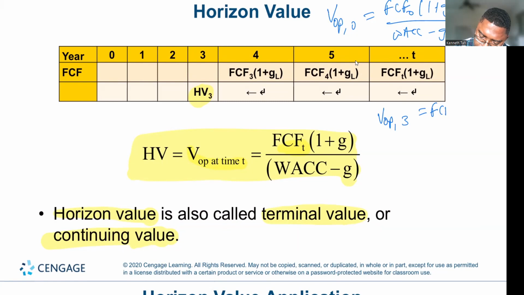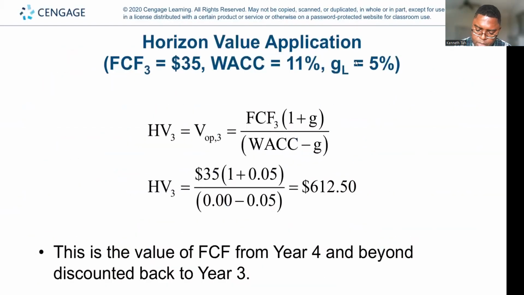Notice when we had 0 here, we had 0 here. So if this now is 3, this is going to be 3, 1 plus g over WACC minus g. This gives us the value of operation at year 3, which captures the cash flows that come in year 4, year 5, up to infinity.